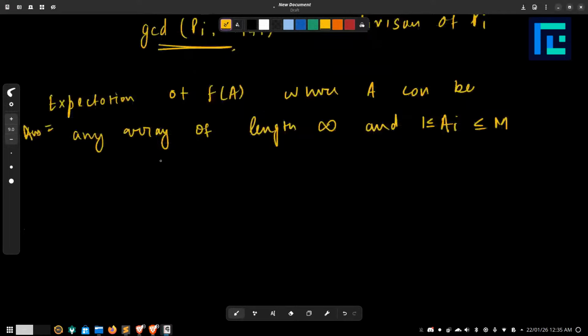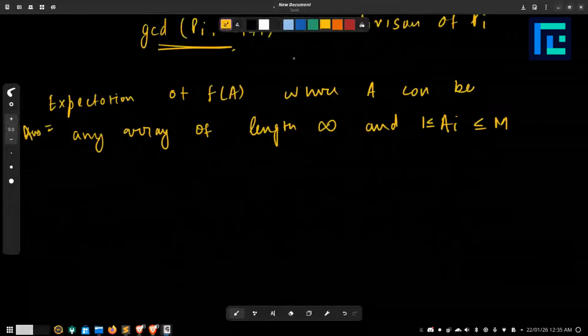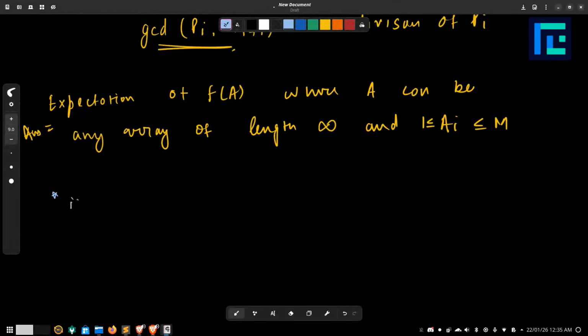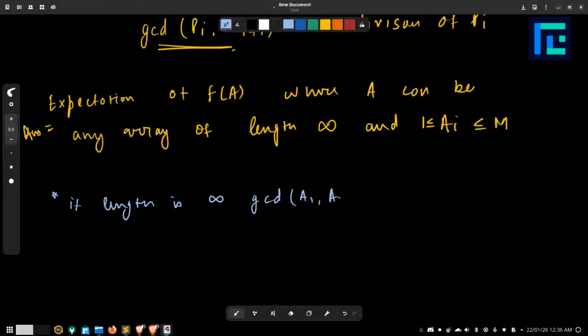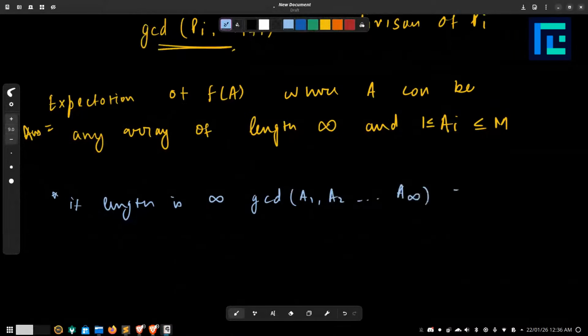First things first, if the length is infinity, the GCD of the full array A1, A2 till A infinity will always be 1, right? Because there are infinite numbers, at some point the GCD would get reduced to 1.